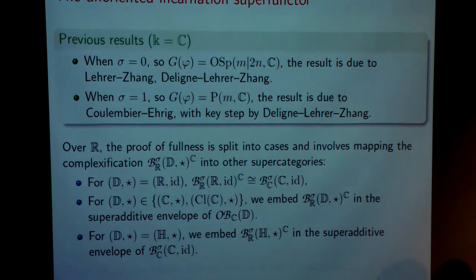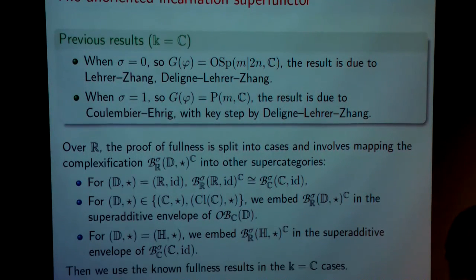And if you take quaternions and you complexify, you're still in the unoriented case, but you still need the superadditive envelope. The strand gets sent to two copies of a strand. And sometimes you need a parity shift if you're doing the sigma equal 1 case. So again, it gets a bit technical, but the idea is you complexify and use the known results over the complex numbers.